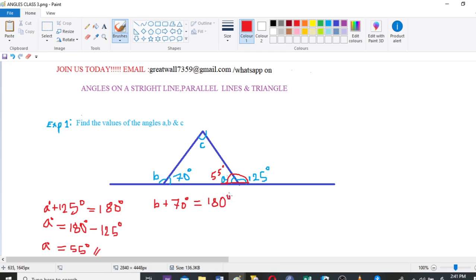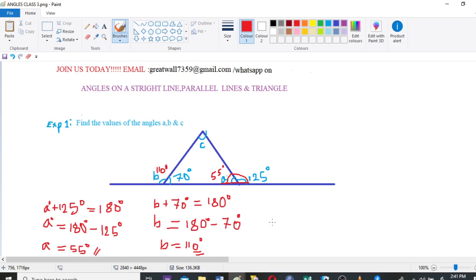So B plus 70 is equal to 180. Now from this 180 we have to subtract 70, and what are we going to get? That's 110, isn't it? Degrees. So we found this angle to be 110 degrees.